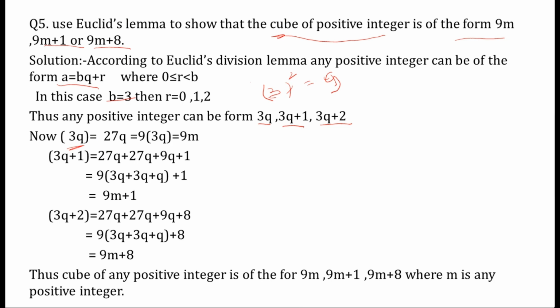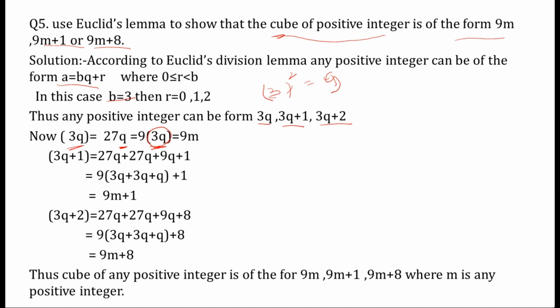We take 9 common, because we know that the value of the positive integer must be of the form 9m. We take 9 common and get 3q cubed, and we represent 3q cubed as m.